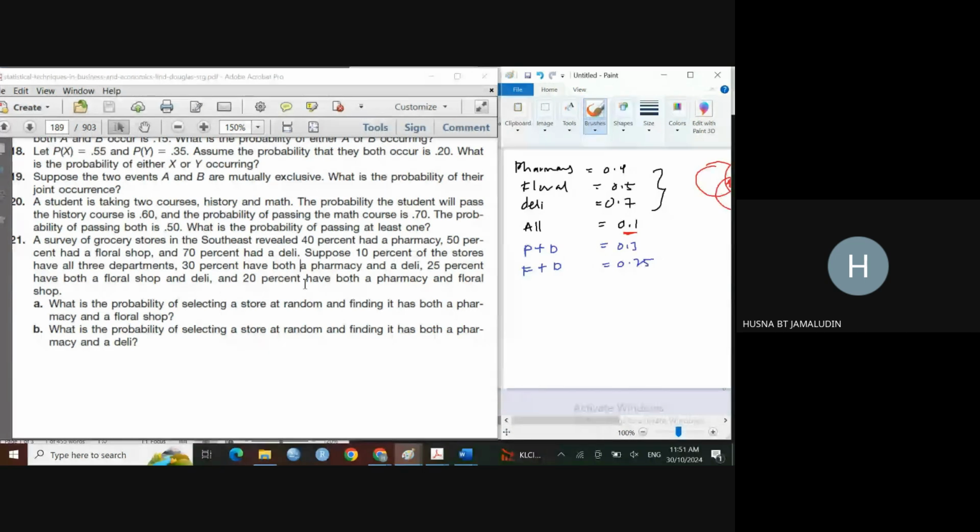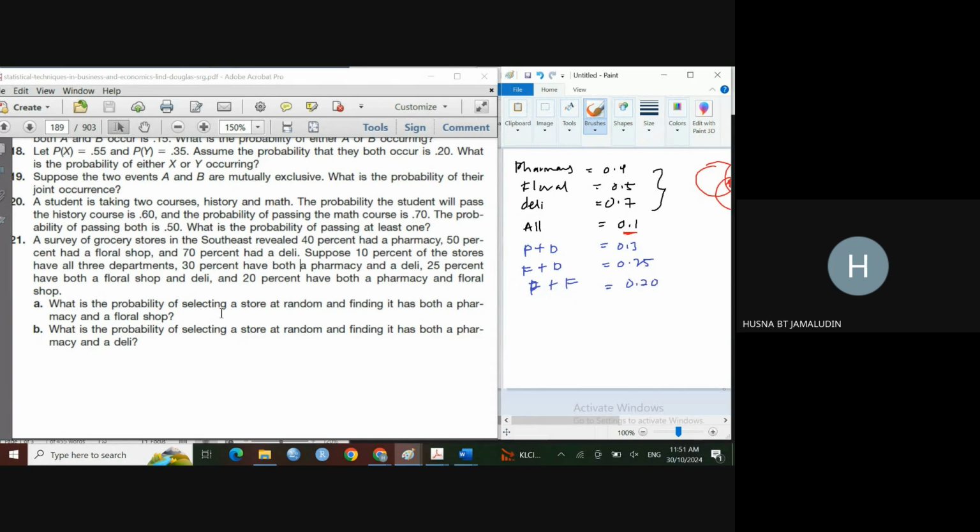And 20% have both pharmacy and floral, so pharmacy, which is P, plus floral is 20%.